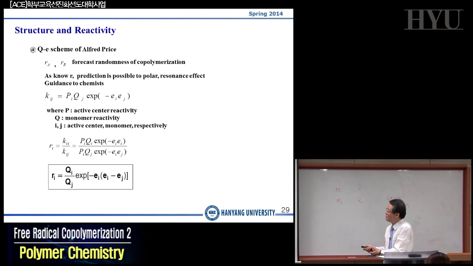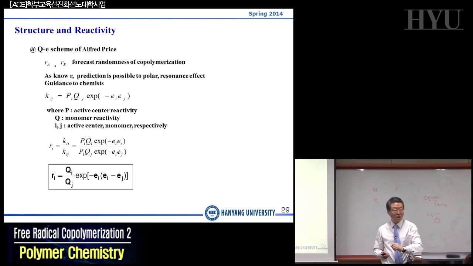They defined this Kij as Pi, the active center reactivity, times Q, the monomer reactivity, times exponential minus Ei and Ej, where E is the polar effect. For example, the polar effect constant for styrene is minus 0.8.